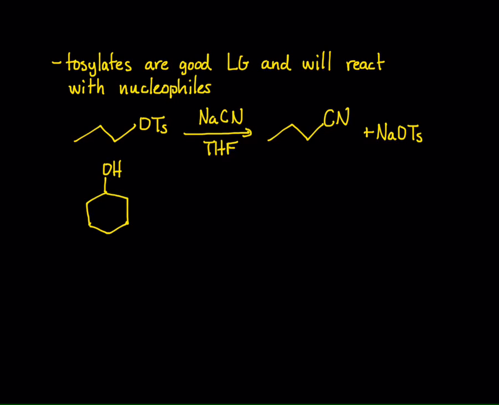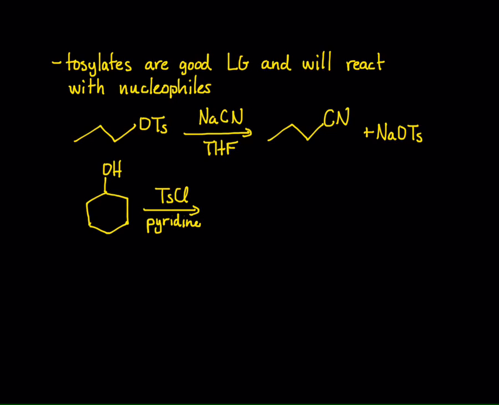So you will see something that looks like this. You have an alcohol. Here I have cyclohexyl alcohol, or cyclohexanol. Again, if I tried to react cyclohexanol with a nucleophile, I would get no reaction occurring because the OH is a poor leaving group. So what do I do? I react it with tosyl chloride in pyridine, right?